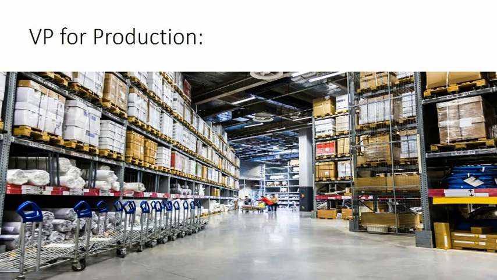Next, we have the Vice President for Production. So the Vice President for Production ensures that production meets customer demands. So they make sure that there is enough stock or enough supply for the demands of the customer. They also identify the production technology processes that minimize production costs and make the company most competitive.